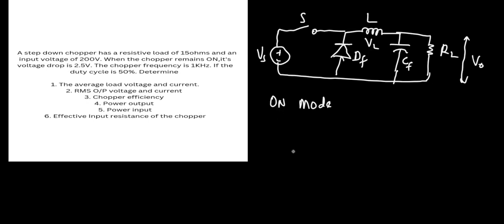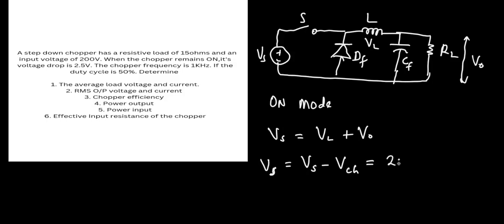Then our Vs will be equal to VL plus V output. The question says when the chopper remains on, its voltage drop is 2.5 volts. So our new Vs will be Vs minus the chopper voltage drop, which is 200 minus 2.5, which in turn gives 197.5.